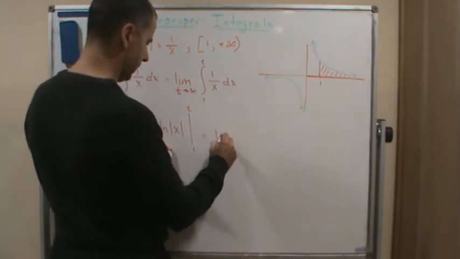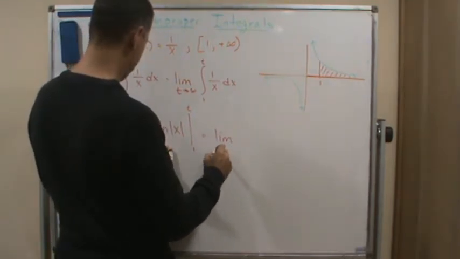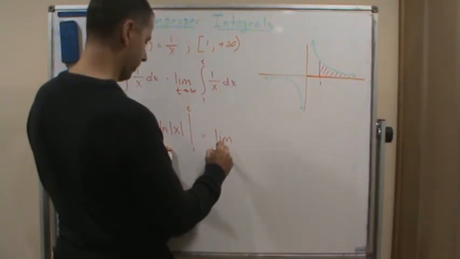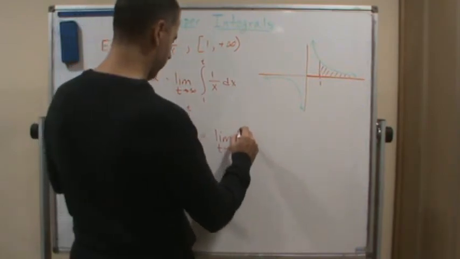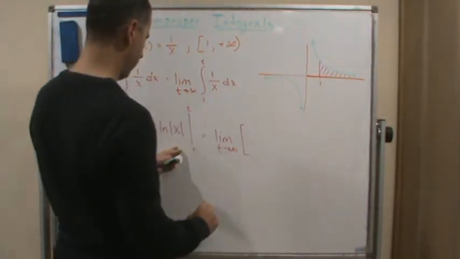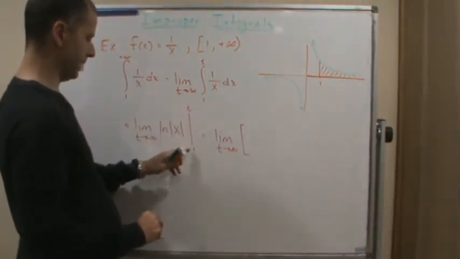This is going to be the limit as t approaches positive infinity of, now here's where we're going to evaluate it at t and at 1.